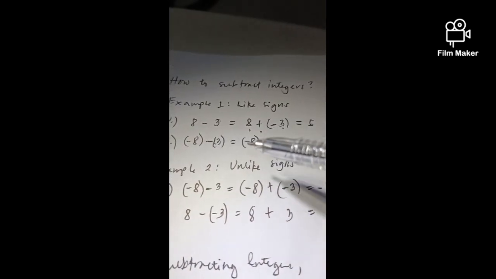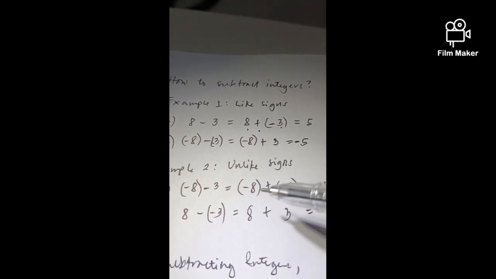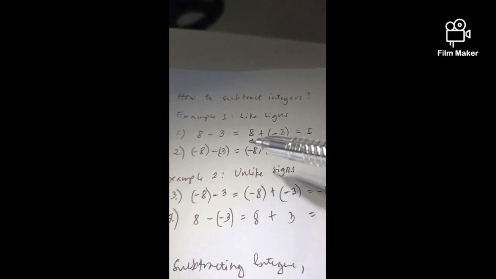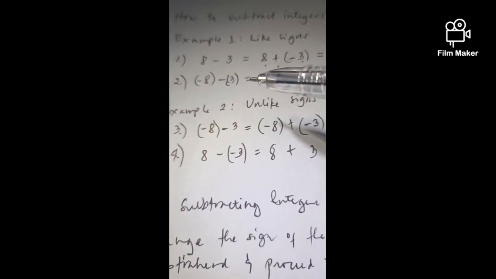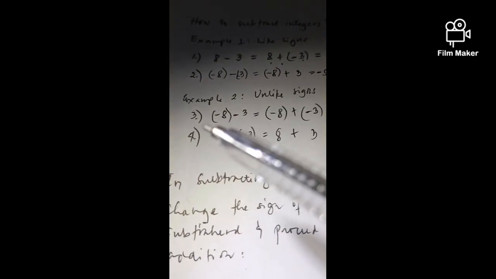Yan ay dahan-dahan na sinagot natin. Tapos sa isip, dahil dapat sa isip lang natin. Dapat pag-answer natin, 8 minus 3, diretso tayo sa 5 kaagad. Negative 8 minus the negative 3, diretso tayo kaagad sa negative 5. The same with examples 3 and 4.